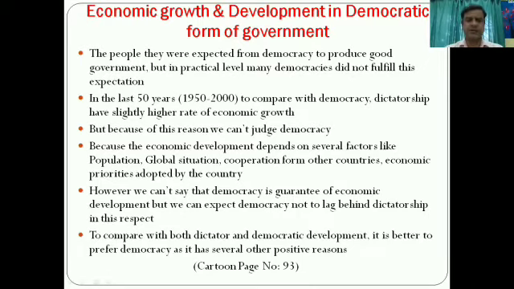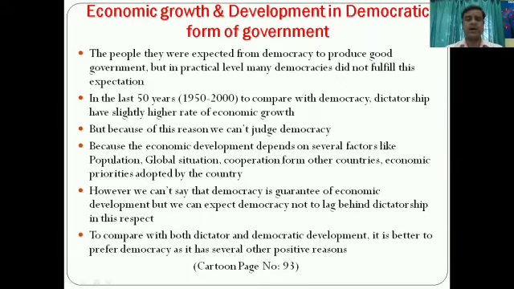But because of this, we can't judge democracy, because economic development depends on several factors like population, global situation, cooperation from other countries, and economic priorities adopted by the country.